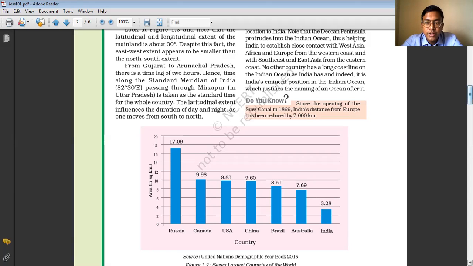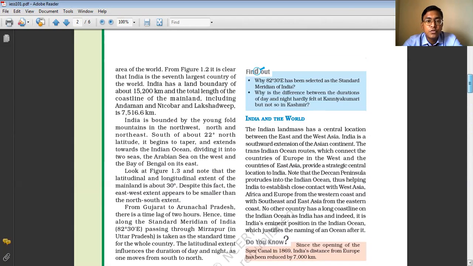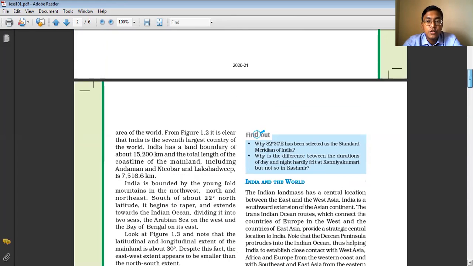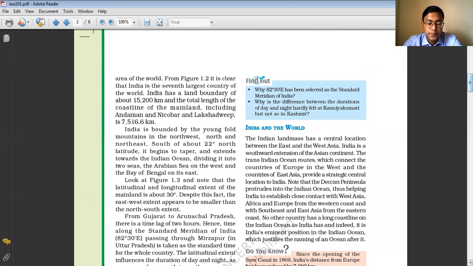Okay, so India has a total area of 3.28 million square kilometers, which is equivalent to 2.4% of the total geographical area of the world. As I said, India is surrounded by oceans on 3 sides, and we have the island groups as well.